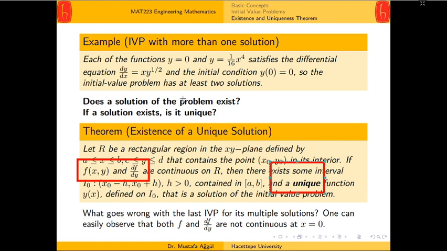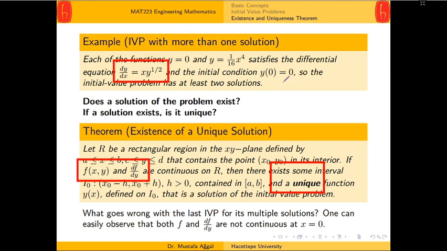So let's see what was wrong with this problem, not having a unique solution but two. If we take the y derivative of the right hand side function here, you'll see it's not continuous at 0, or even the function itself, f of x, y. The initial value is 0 comma 0 here, right?